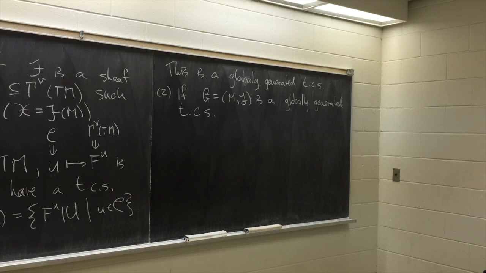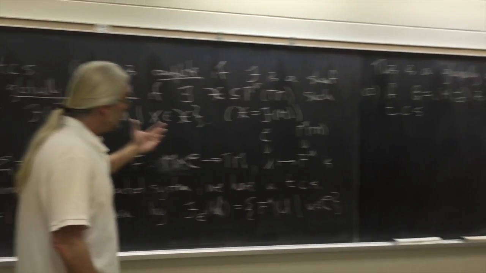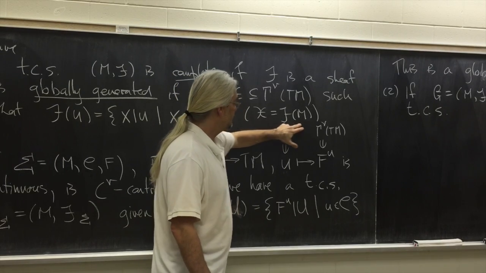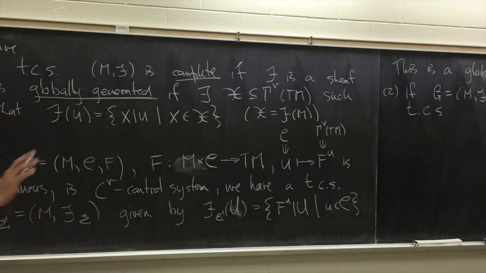So frequently when I have a globally generated tautological control system, I'll just write the set of global vector fields that define it as F of M. No extra notation for those.